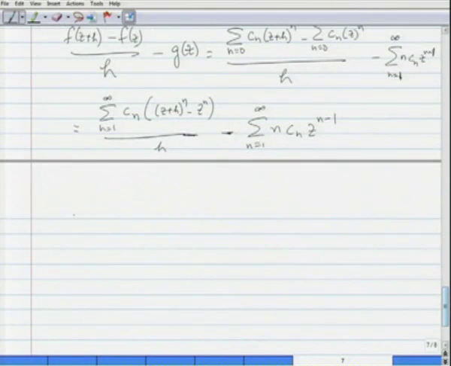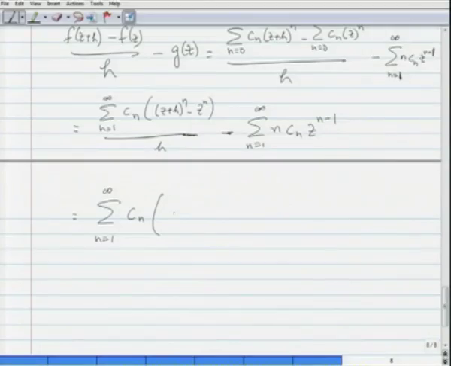Okay. So, this in turn is equal to sigma n equals 1 through infinity. I can take the division by h into the series. So, what I have is C n times, also notice that now both the series here begin with the index n equals 1.